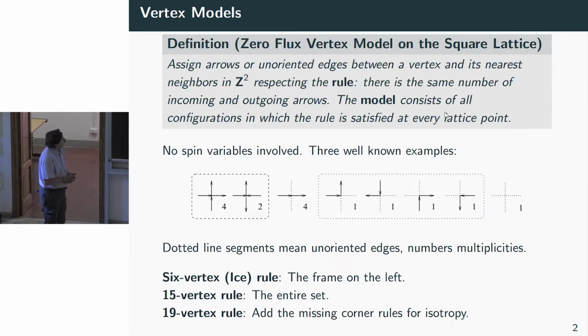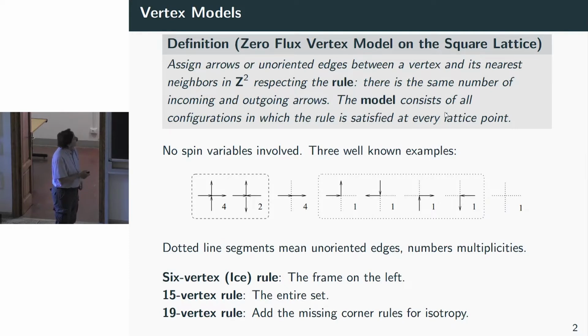The 15 vertex rule, which you get by taking all of these extra allowed configurations, and the dotted lines mean that you now allow unoriented edges as well. You still keep this zero flux rule, but you allow unoriented edges.